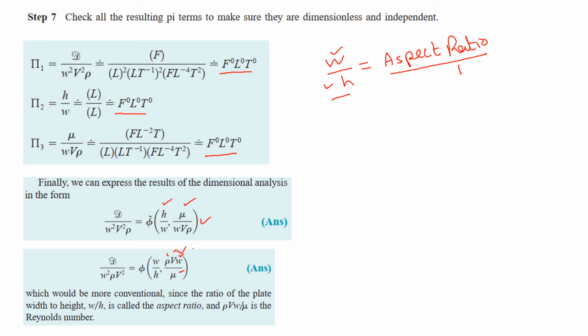Now let's write this final answer that we have in the form of an equation so that we can make a little more sense of it, that is, how we are going to represent the drag force from this equation and how we are going to calculate it.